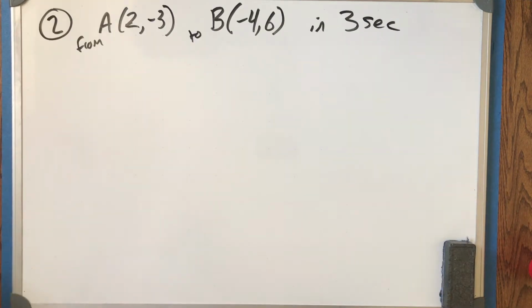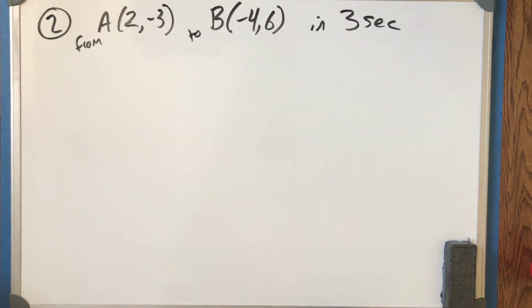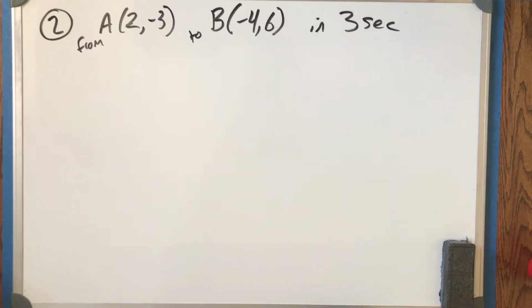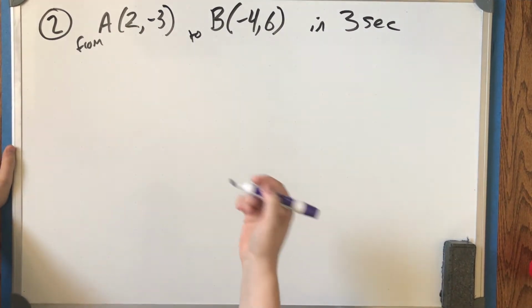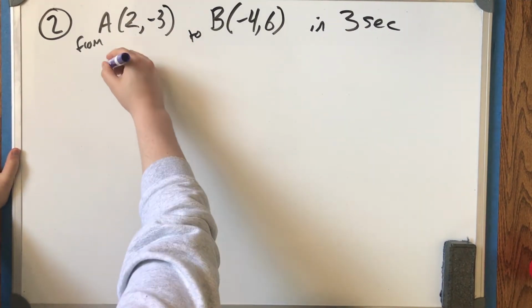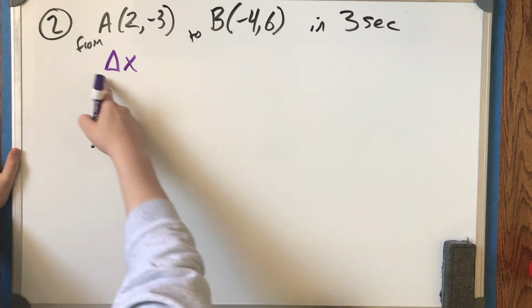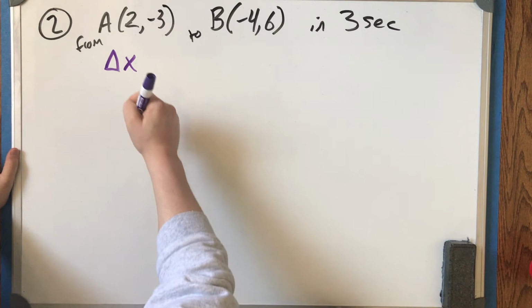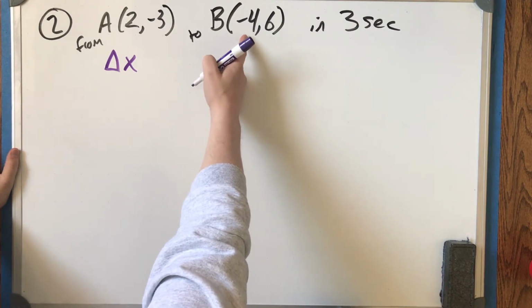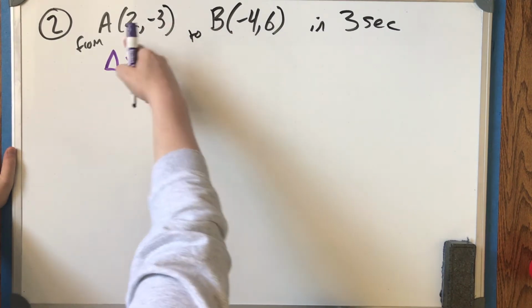Question 2 is getting us to think about lines and their slopes in a new way. We're moving from point A to point B in 3 seconds. What I'd like to do first is figure out the change in just the x values. Remember, the triangle means change, and just like we did with the vectors, I'm going to do the head, where we're moving towards, minus the tail.